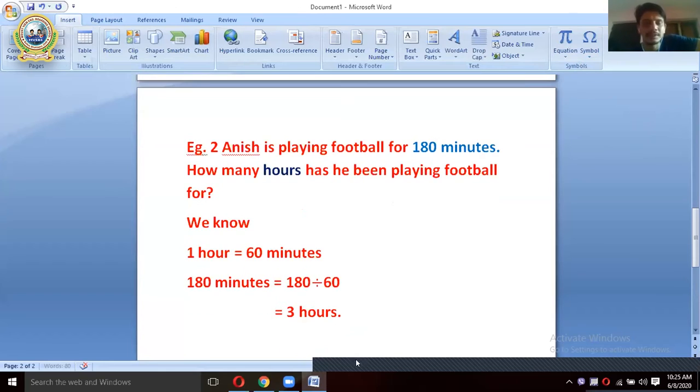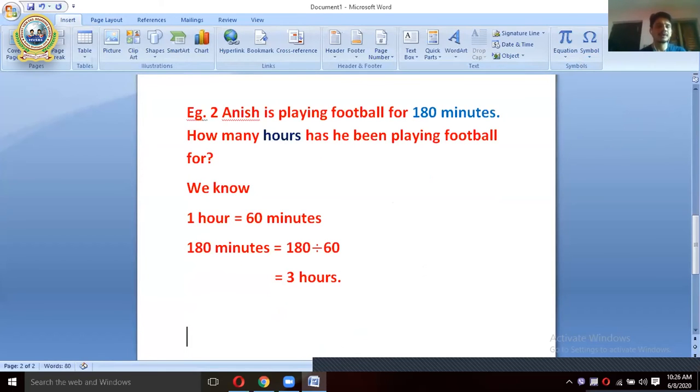So this is another example. Now let me give you one more example. Example number 3.